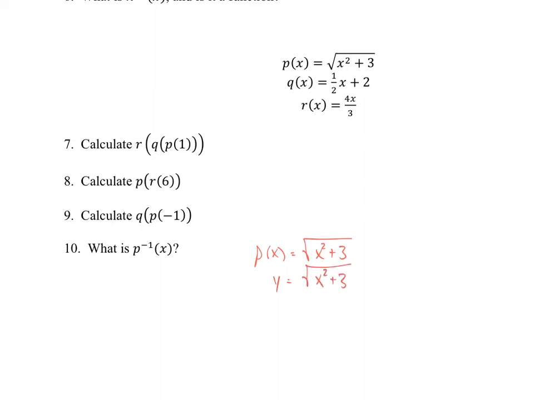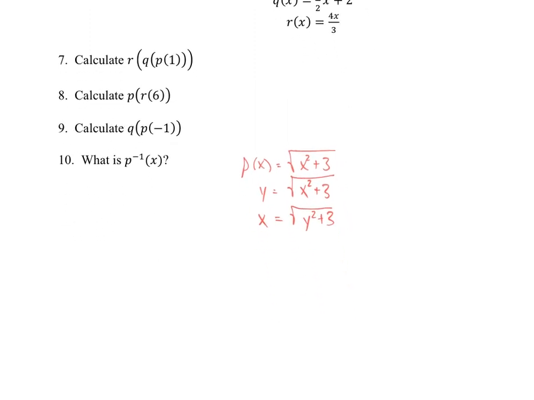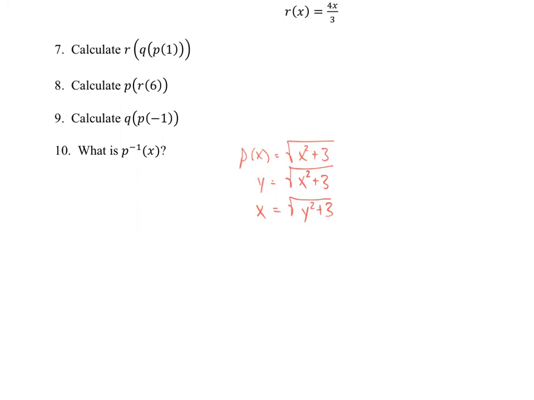And remember that if we're finding the inverse, we have 2 steps. Step 1 is switch x and y. And then step 2 is to solve for y. So now I got to get y by itself. So what I'm going to have to do right now is get rid of this square root. The way we get rid of a square root is by squaring both sides.